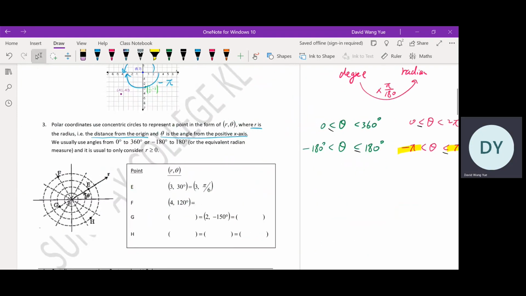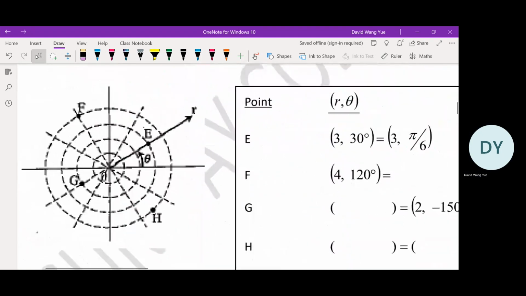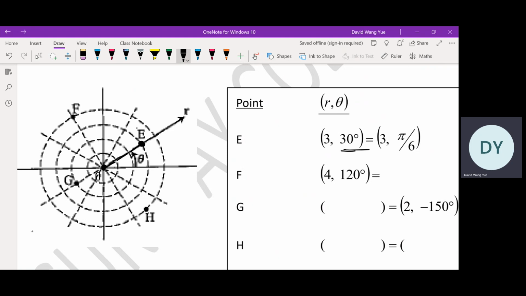Now, for example, if you look at the point E, from the origin, the distance is 1, 2, 3. So that's why the radius is equal to 3. And then the angle is 30 degrees. Now how do I know it's 30 degrees? Because this is 90 degrees, and then it has been divided into 3 equal angles.